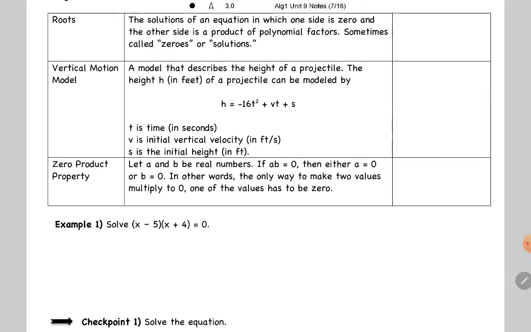So this is what this says. Let a and b be real numbers. If we know that these two numbers a and b, when we multiply them together, we get 0, that means a has to be 0 or b has to be 0, because anything times 0 is 0.